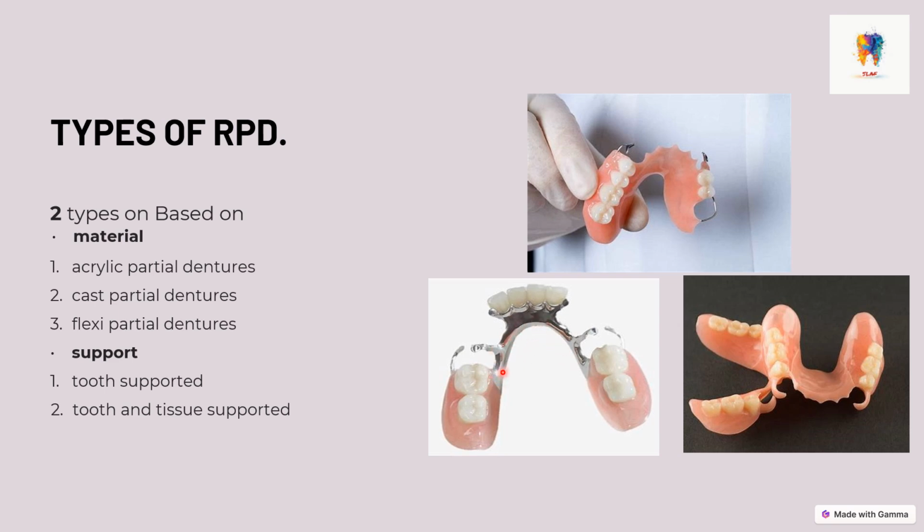This is your cast partial denture for posteriors and anteriors. This is your third type, flexi partial dentures, given the name because they are flexible. This flexi partial denture takes support from anterior teeth, and it is basically for posterior teeth. So these are the types of RPD.